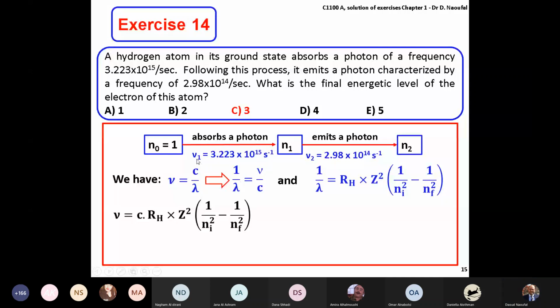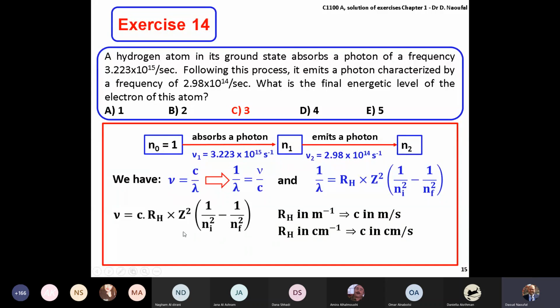For mu1, we apply this relation, considering ni equal 1 and nf equal n1. And then we apply this relation on the second transition. But in the second transition, n1 is greater than n2, so n2 will be n initial and n1 will be n final.